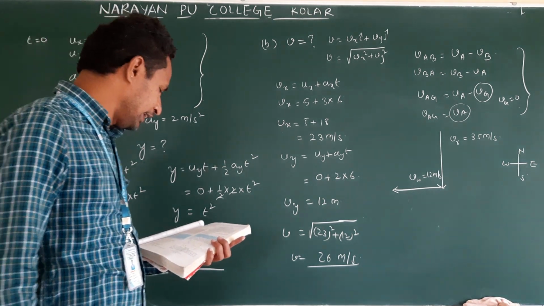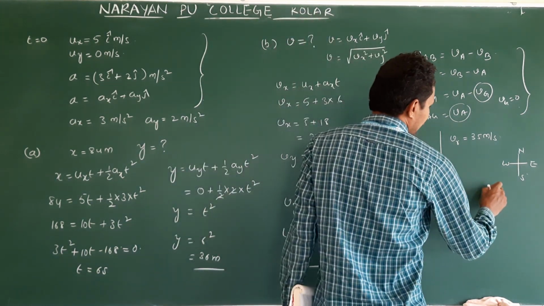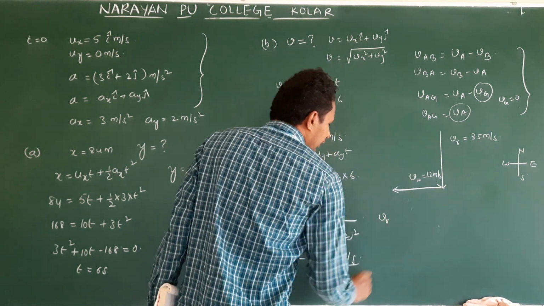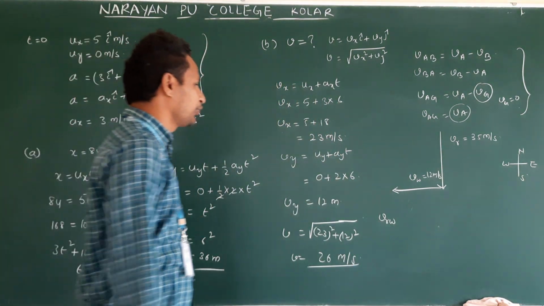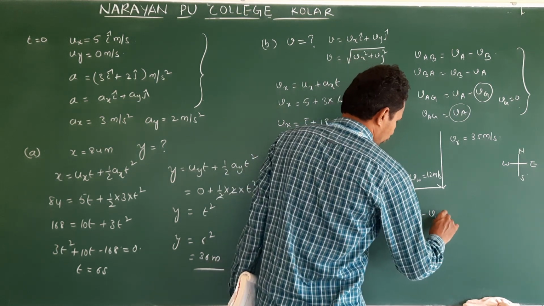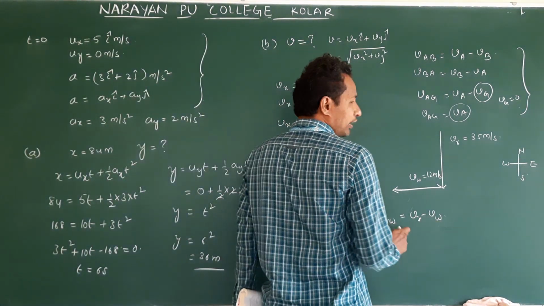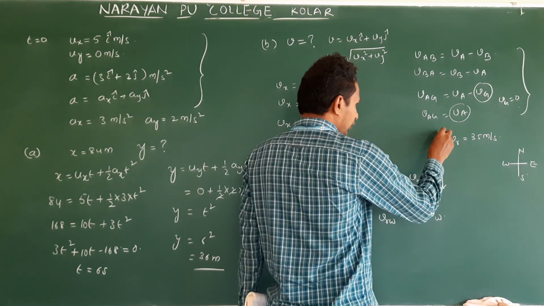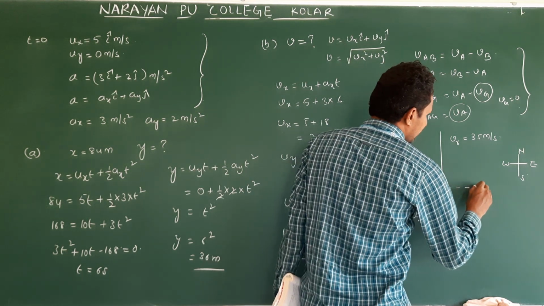Now, the velocity of rain with respect to woman we need to calculate. What do we calculate? Velocity of rain with respect to woman. How do we write this? Velocity of rain minus velocity of woman. Clear? So to find this, what do we do? We make the woman's velocity reverse like this.